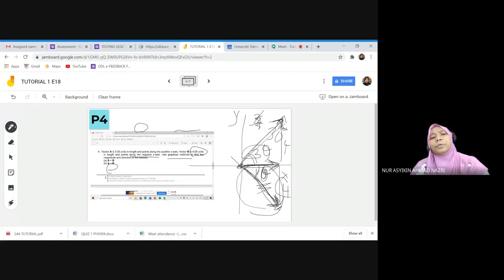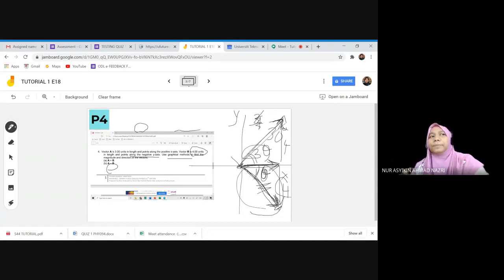Kita habis tu, you want to tell me that your vector A plus vector B is equal. Okay, so 5 magnitude and then direction 30 degree juga ke? Macam tu. So you need to explain the angle.